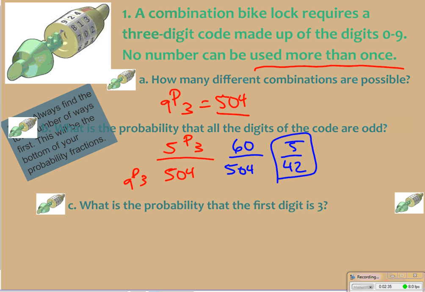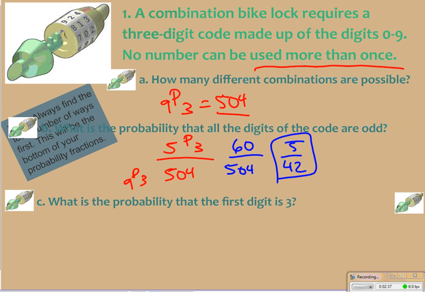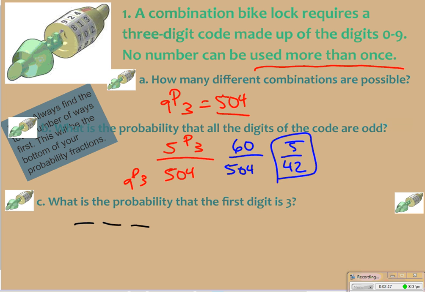So what is the probability that the first digit is 3? Well, now here's where you get a little bit trickier, okay? Because the first digit is 3, let's change our thinking here a little bit. First digit is 3, so I have 3 digits. The first digit has to be a 3, so that's 1. I have 1 chance for that one.